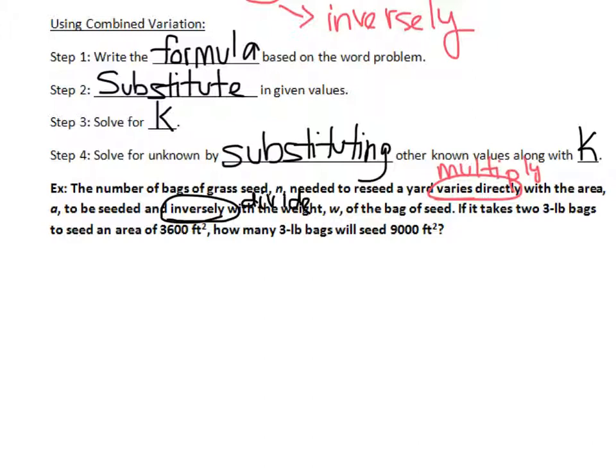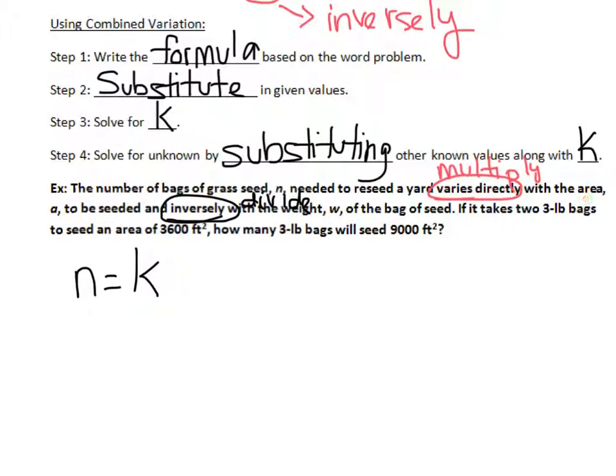So we need to write our formula. It says we're finding the number of bags of grass seed, so that's N equals, and now because we had words like inverse, direct, we have to insert k. Since our first word was direct, that means we're multiplying k by something.